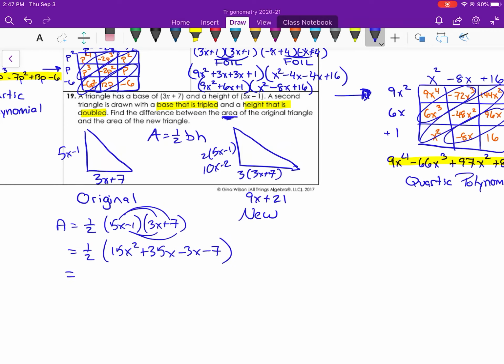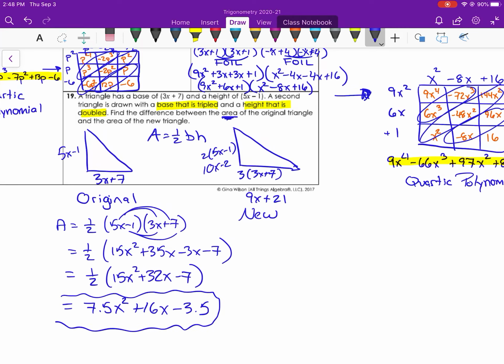Combine like terms right here. So half of 15x squared plus 32x minus 7. Half of 15 is 7.5. Half of 32 is 16. Half of 7 is 3.5. So we'll circle this for a minute.